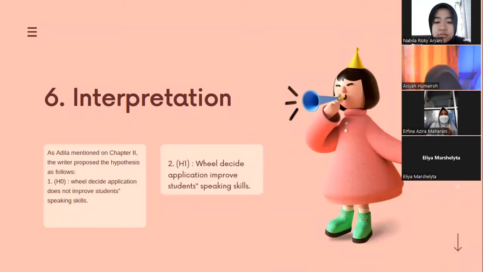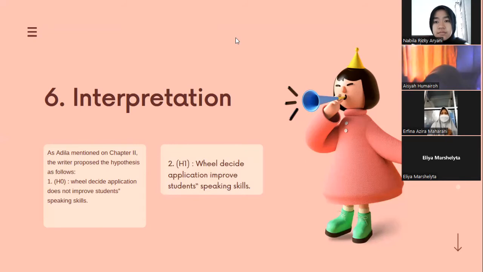Okay, the last one is interpretation. As the writer mentioned in chapter 2, the writer proposed the hypotheses as follows. One, the Will Decide application doesn't improve students' speaking skill. And second, the Will Decide application improves students' speaking skill. So in order to prove the hypothesis, the writer has the assumption as below. Based on the result of the t-test calculation above, 3.65 was obtained at the degree of freedom 23.63 with the significance level of 5%.